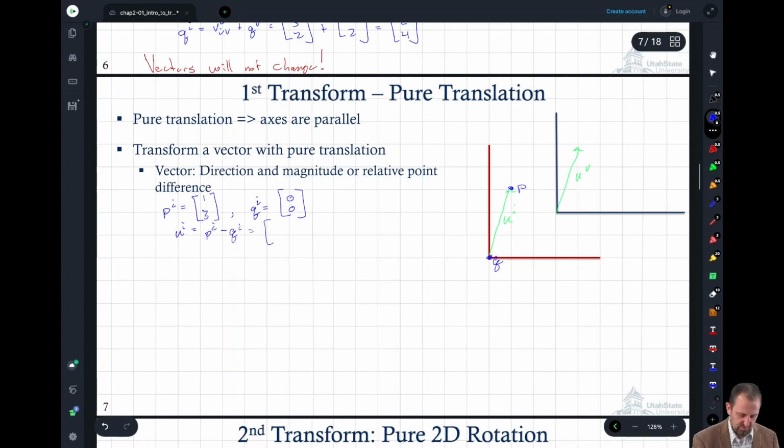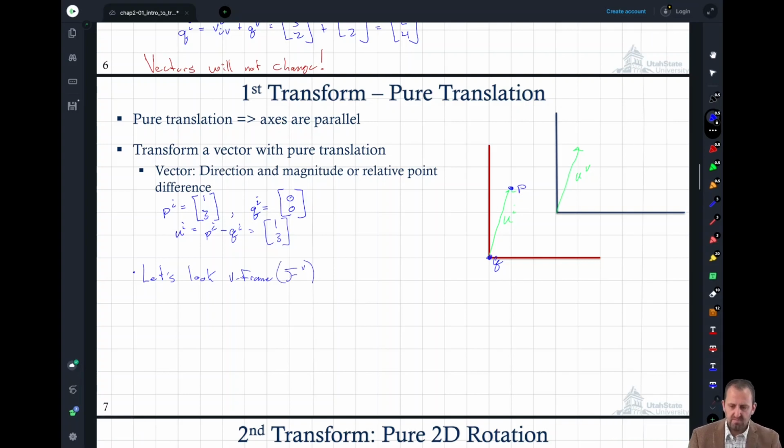In this case, that's pretty easy. It's just going to be (1, 3). Well, we could have looked at the vehicle frame. We can write this generally that u is just equal to P minus Q, regardless of frame.